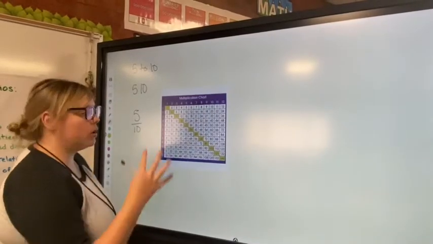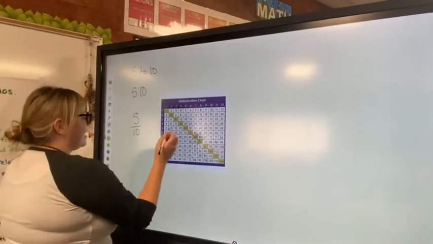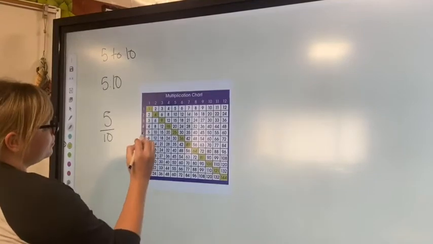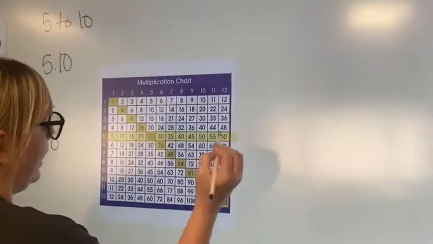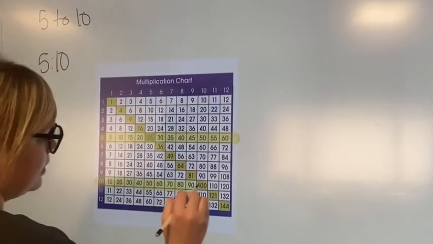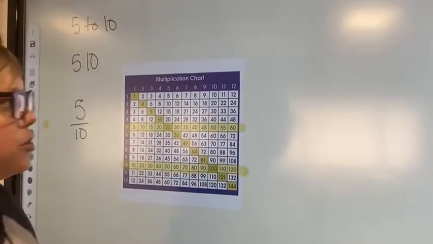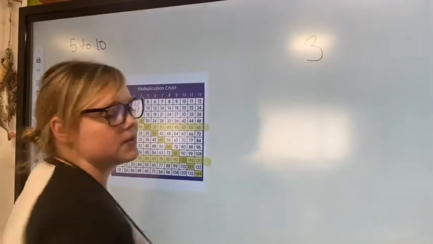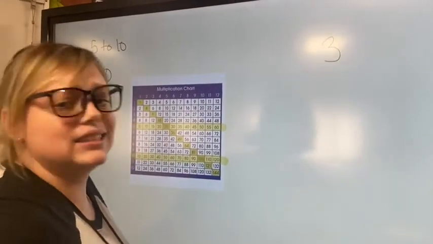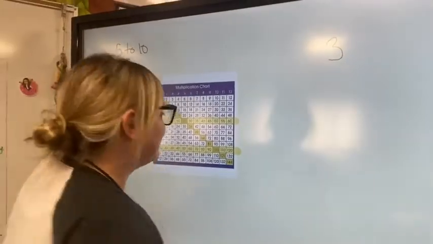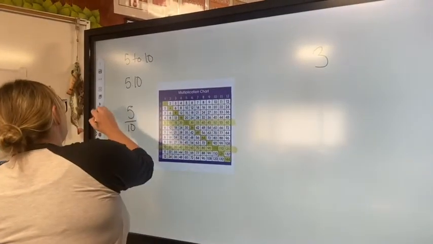If you're stuck, pull up your multiplication chart, highlight 5, and highlight 10, and think, okay, I need to just find an equivalent ratio. She told me to find 3 equivalent ratios. Girl, I got this. These teachers don't even know I know, right? So I'm going to go ahead and I'm just going to circle some.